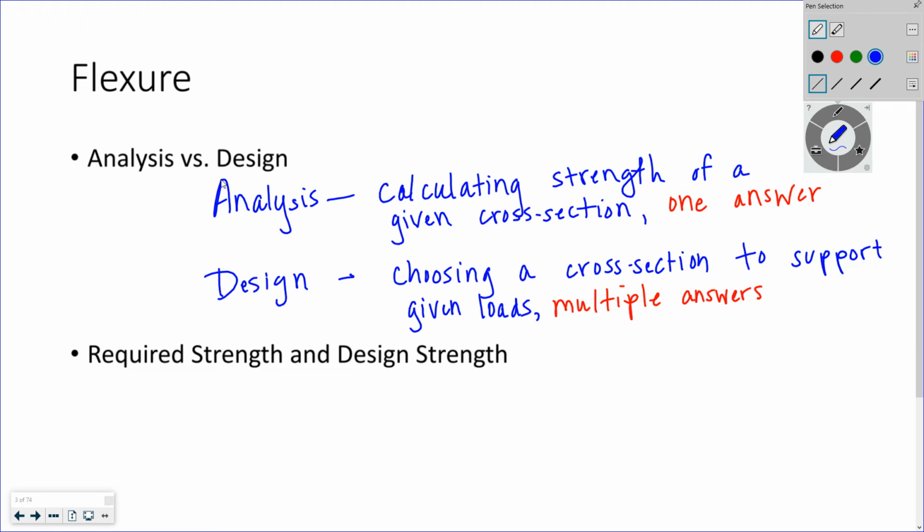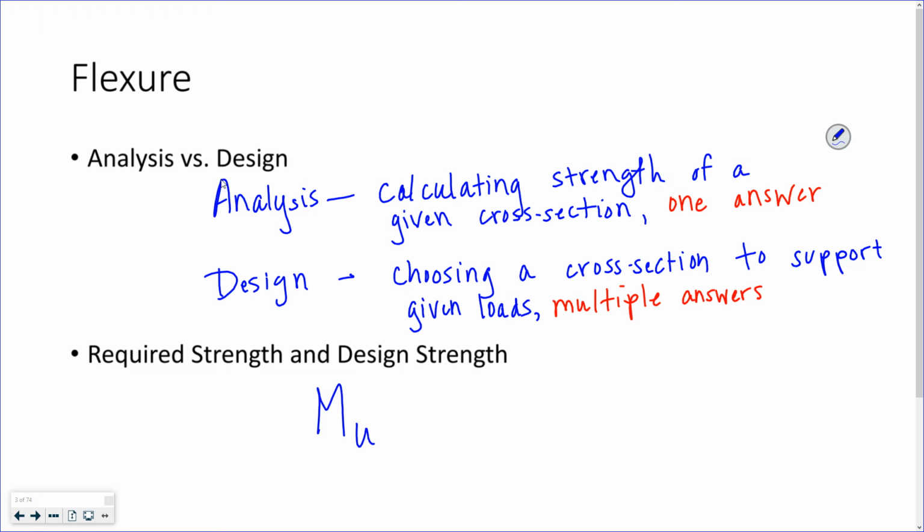As a reminder, the required strength is Mu. That's our factored moment from factored loads, because we're talking about flexure, so we're talking about moment. And that has to be less than or equal to our design strength. This is our phi factor times our nominal moment strength, phi Mn.